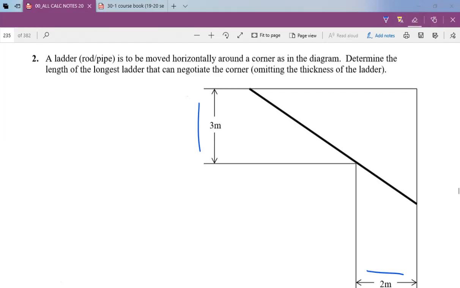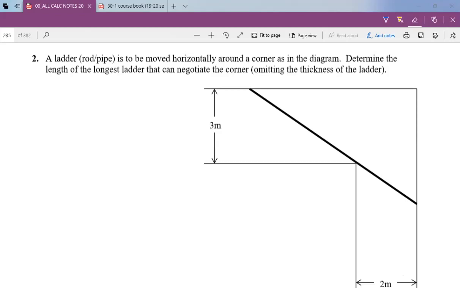And we've got this ladder or pipe or rod that we're trying to get down the hallway. We're assuming that we are carrying this through and we don't want to damage the walls. So we can barely scrape the walls and see what's the longest ladder that can fit around this corner.